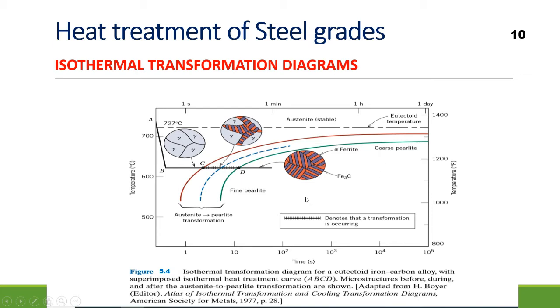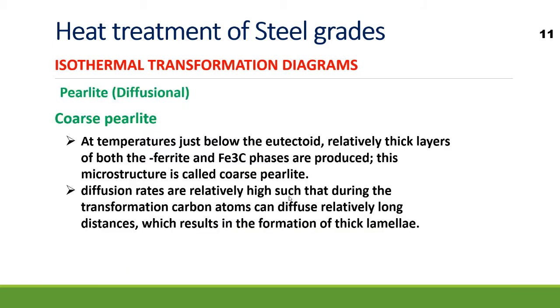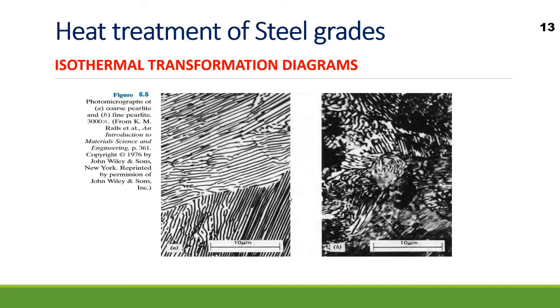It depends completely on the temperature of transformation. And going forward, we'll see the difference in microstructure as well as the mechanical properties. So here you see the microstructure of coarse pearlite and fine pearlite, and the difference is quite visible.